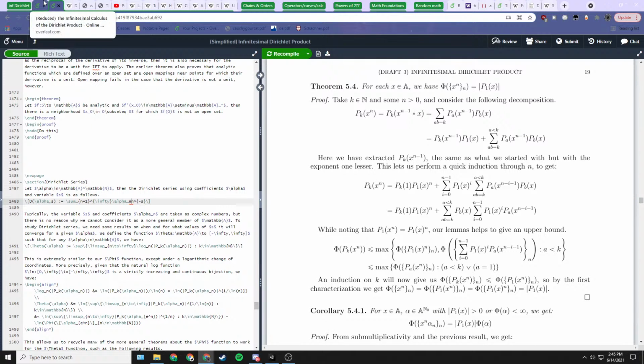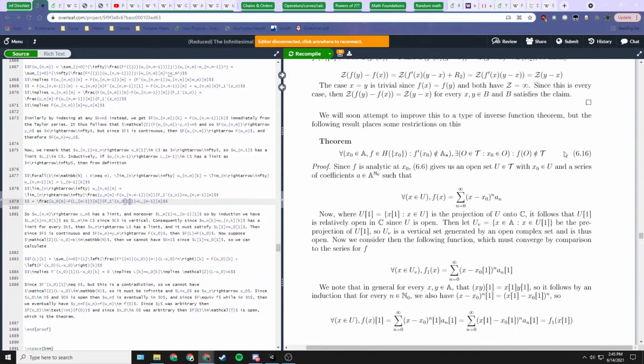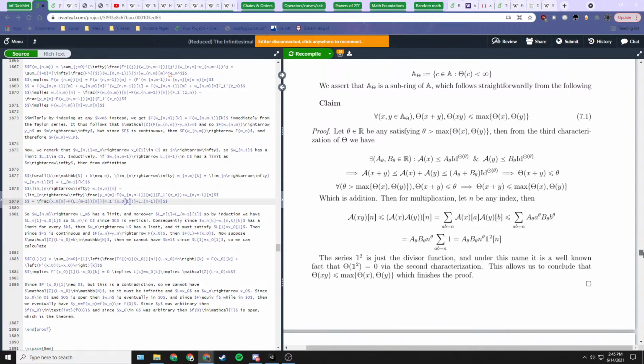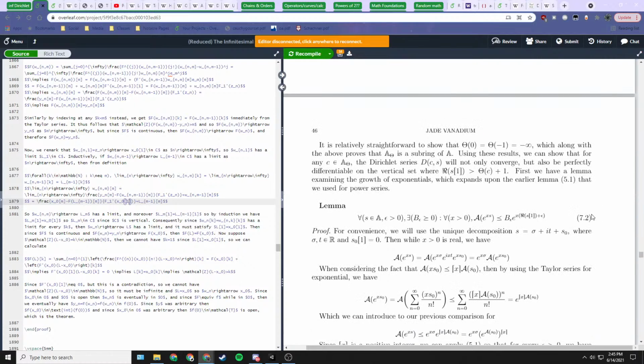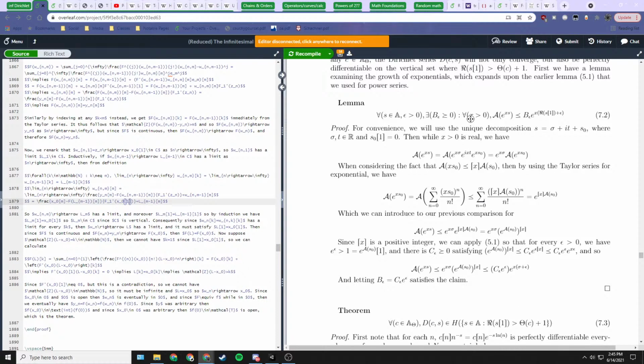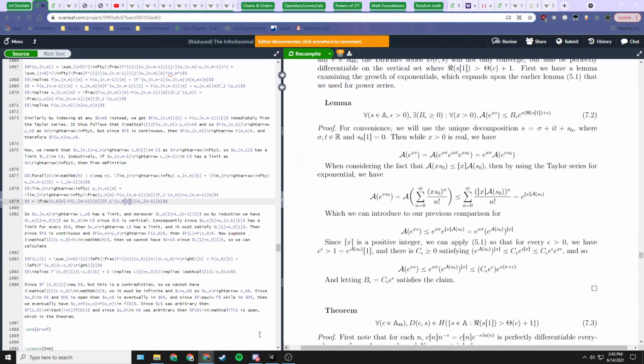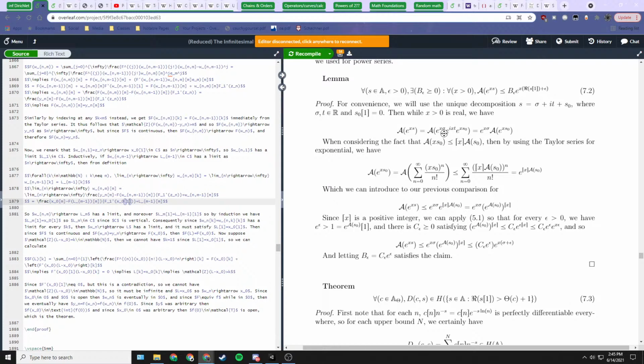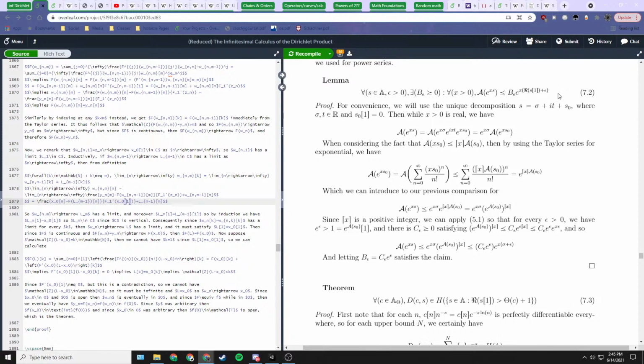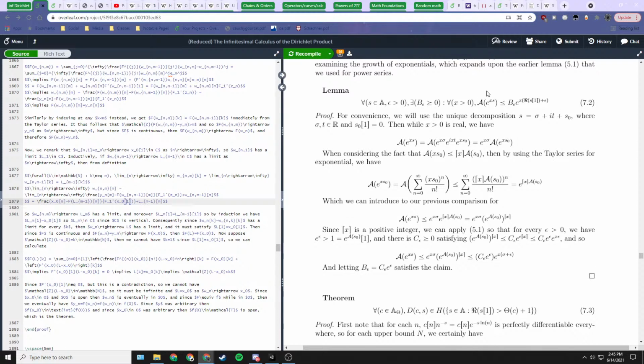So how are we going to do that? Let's see. I have a little draft written up here about how we generalize this. Let's go down to where it is. So if we have s in A, epsilon greater than 0, there is a b sub epsilon greater than 0 such that for all x, we have a e to the x s bounded by b sub epsilon times all of this.